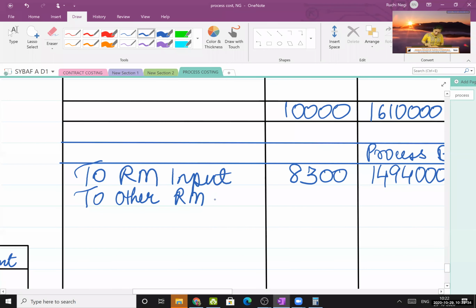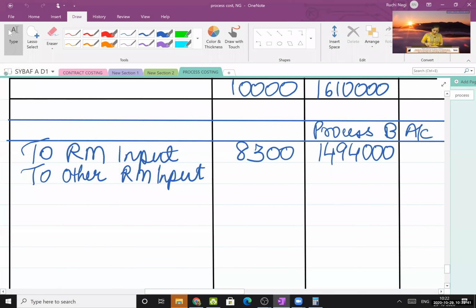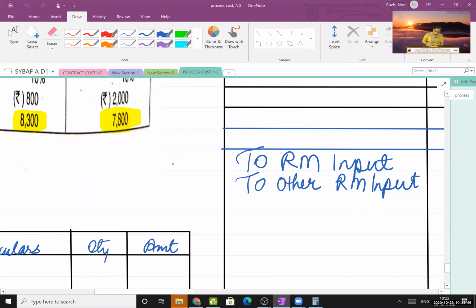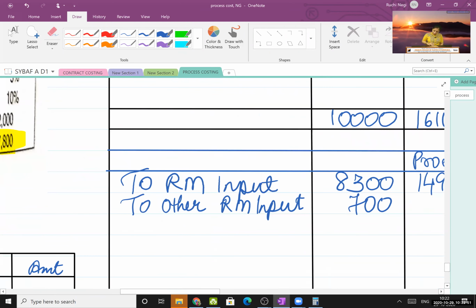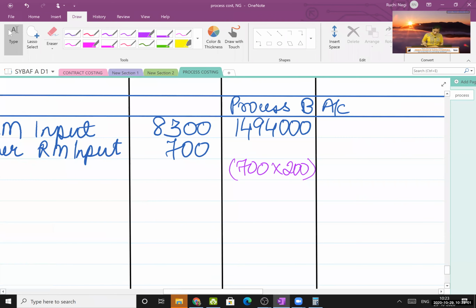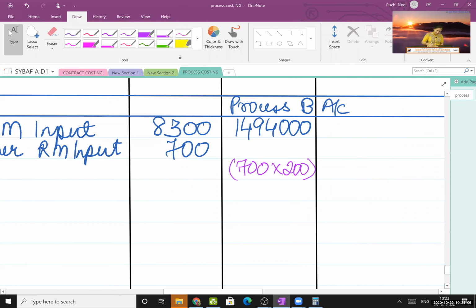So just don't be under the impression कि only one raw material input is there. There can be two raw material inputs also, one from the previous and one in the current process. ठीक है, everybody understood this concept? That's very important. हाँ, 700 क्या rate है? 200. 700 multiplied with 200. 1,40,000. Right here, 1,40,000.